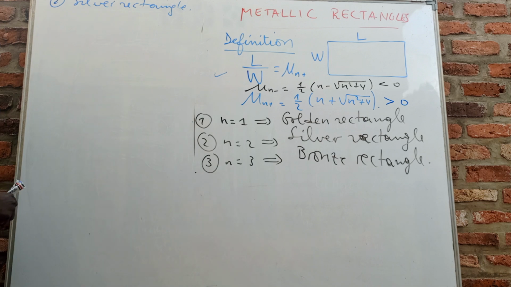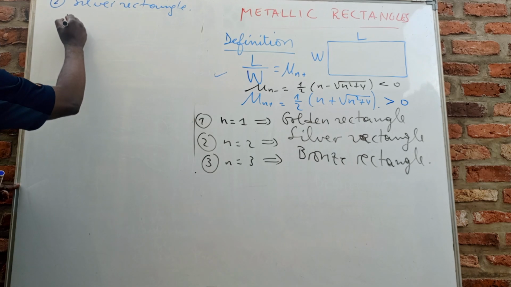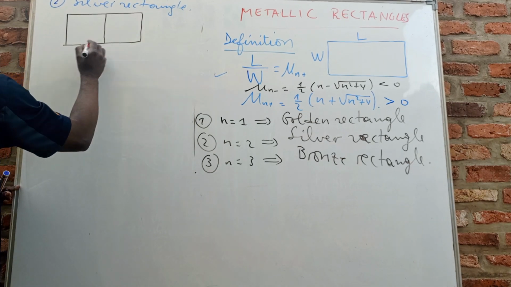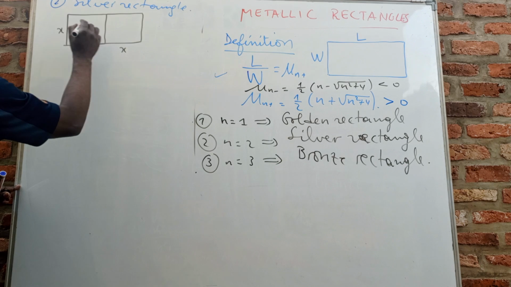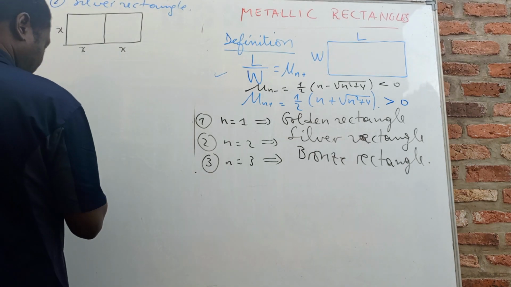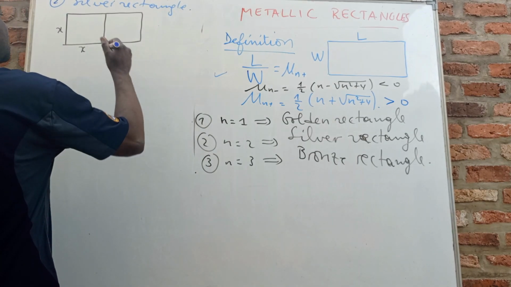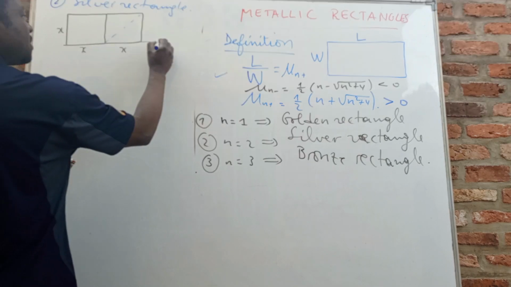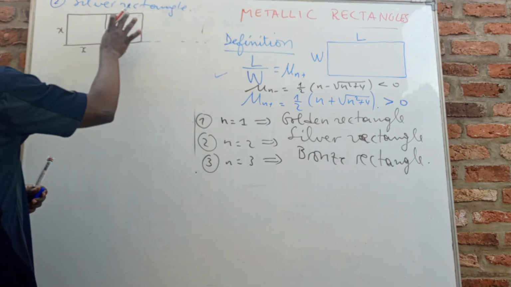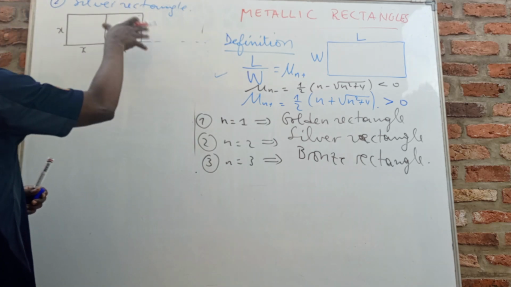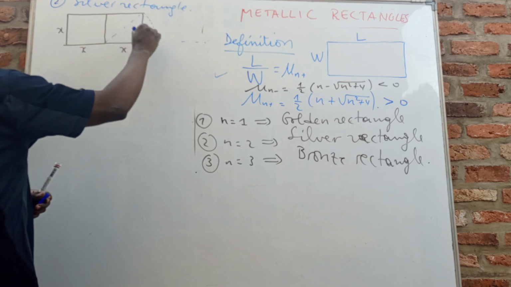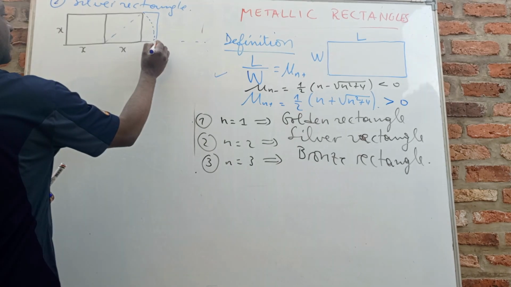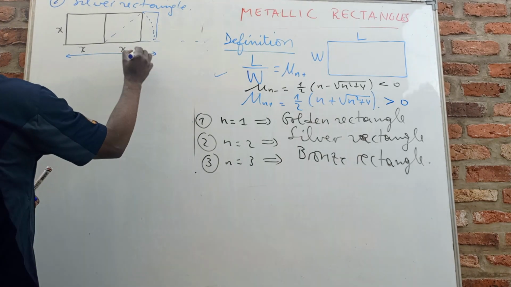For this silver rectangle, we construct two squares of the same size, and then from this we can take half of this part, and on this direction we rotate from the center, half here, to find this arc, and we raise this one to form the whole rectangle here.